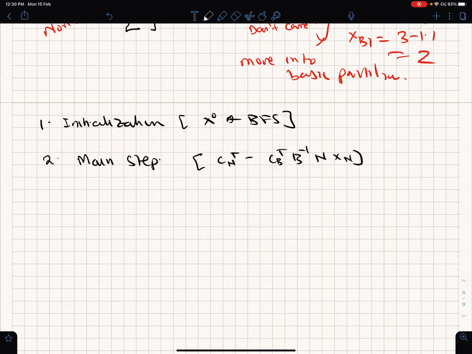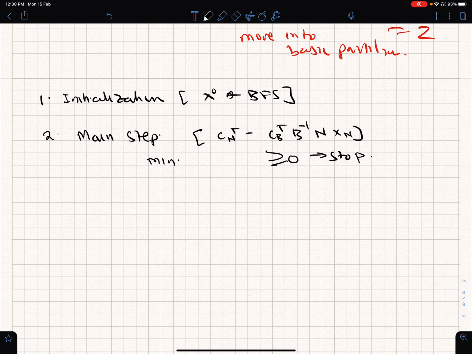Then if it is a minimization problem and this vector is greater than or equal to 0, we stop, because increasing non-basic variables would increase the objective function value, which is not to be done in a minimization problem.